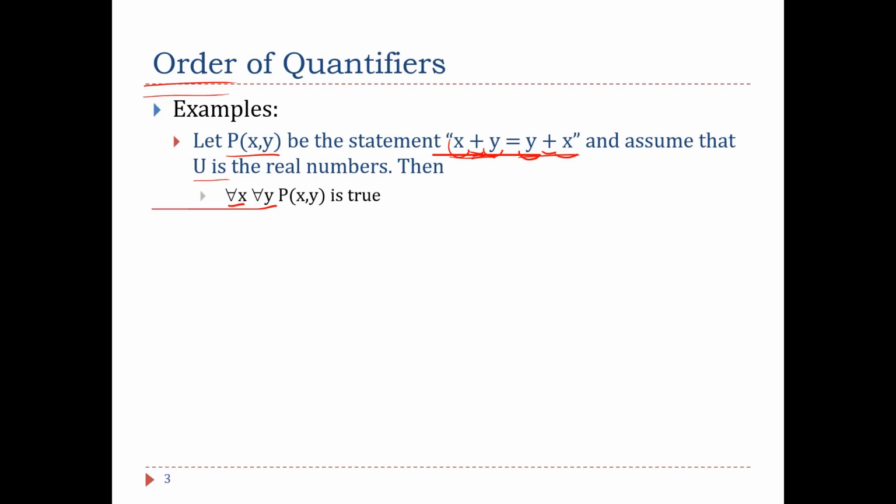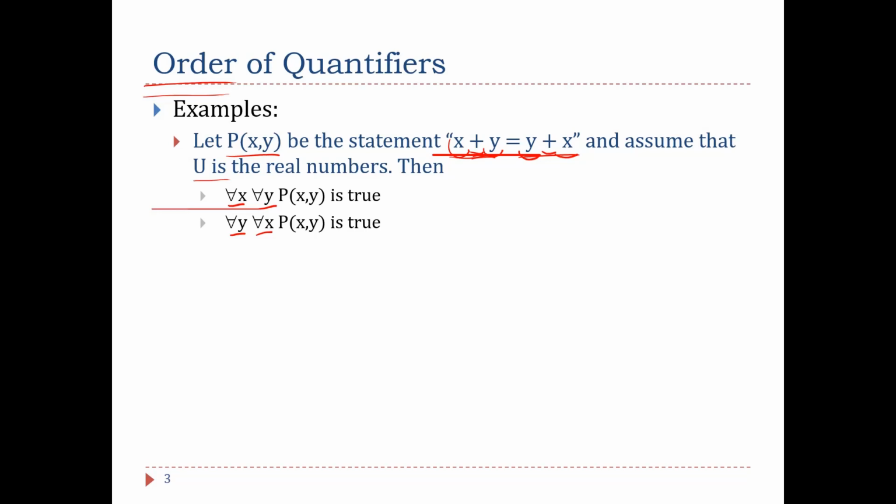So what if someone would say the following: for every y, for every x, p of x and y is true? Don't you think that this also holds? Well, actually, the order here does not really matter, and the reason is that your property is kind of symmetric.